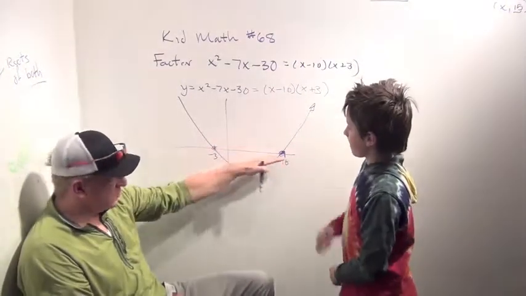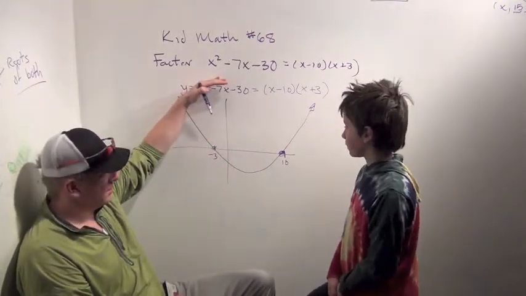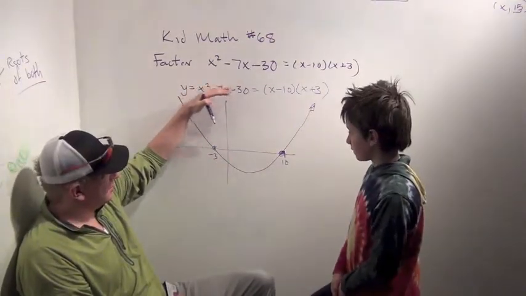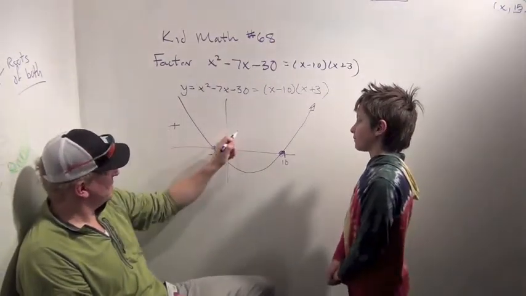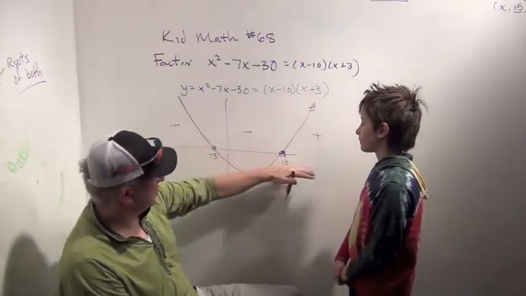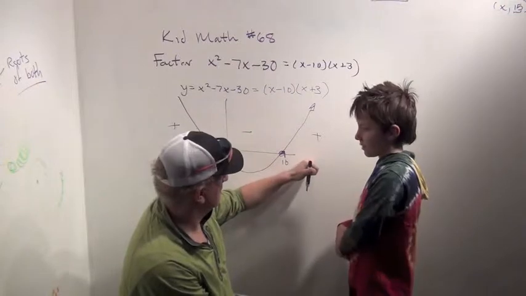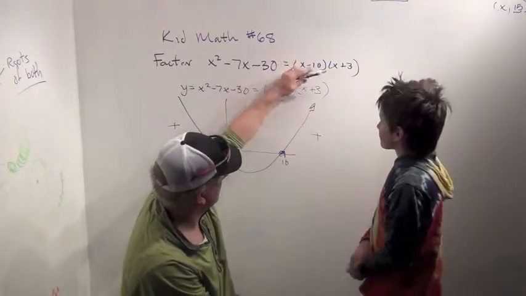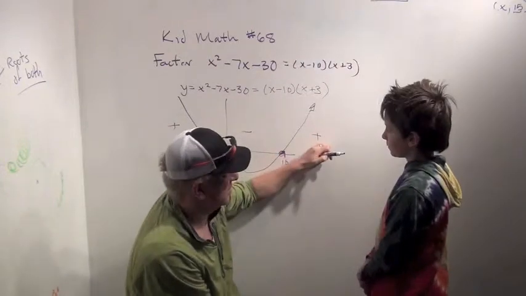But once you know where the roots are, you know it's either going up or down because you know it's a parabola. The other nice thing is that you can tell that it's positive here, negative here, and positive here. If I take numbers bigger than 10, let's say 20, 20 minus 10 is positive, 20 plus 3 is positive, so I get a positive times a positive.